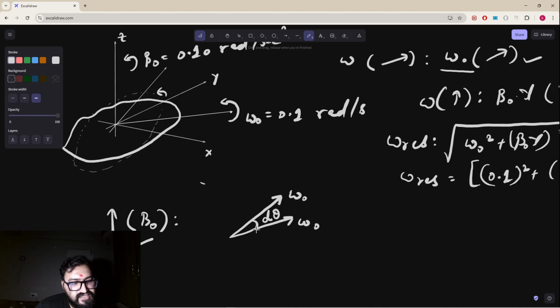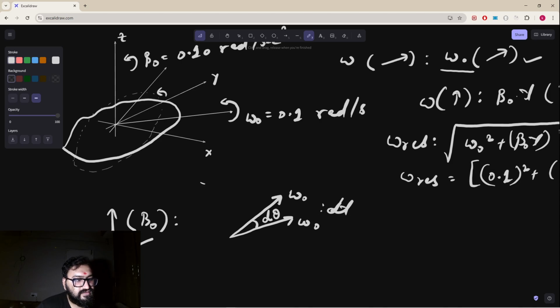Now this turn is actually a measure of the change in vector, right? Because the magnitude is constant but the direction is changing. So if I try to quantify the change in the angular velocity, it will be proportional to the small angular displacement that this angular velocity has taken in the small time dt, okay?